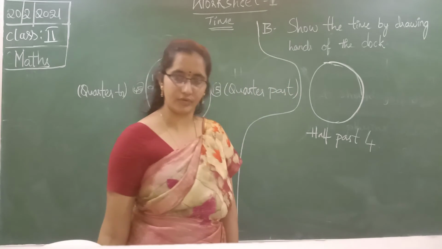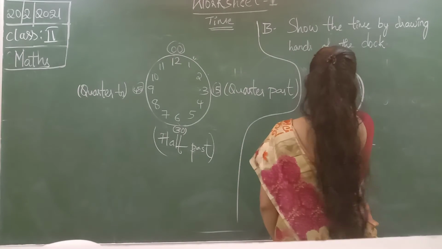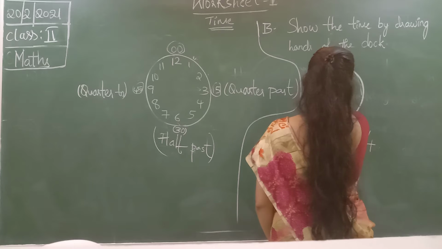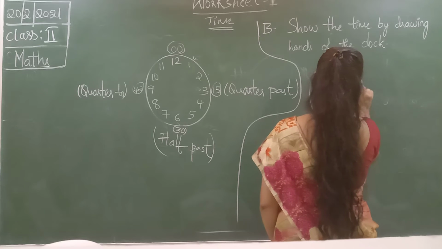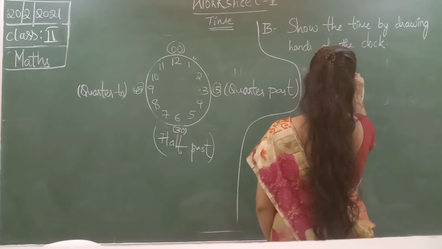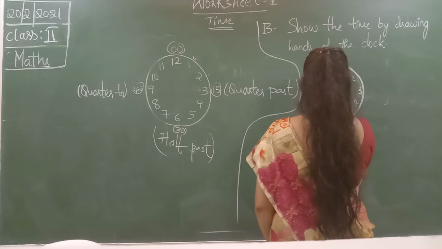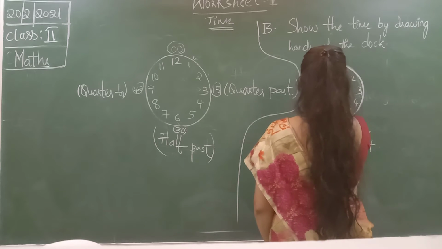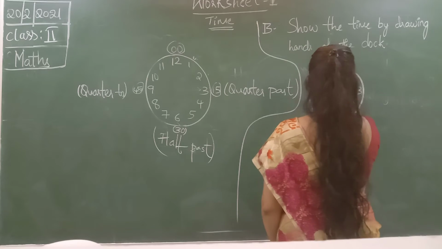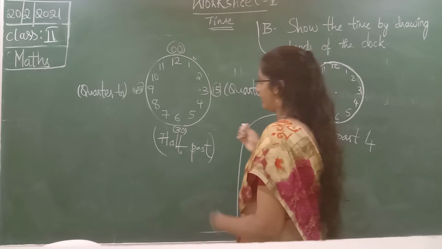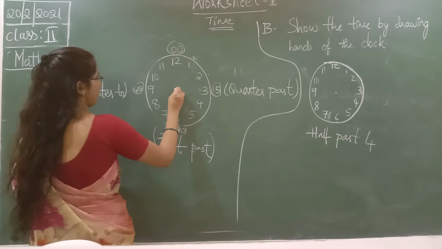Half past 4. 12, 6, 3, 9. 1, 2, 4, 5, 6, 7, 8, 9, 10, 11. See here in the diagram. In the diagram I have explained.